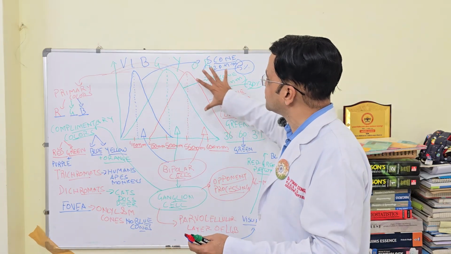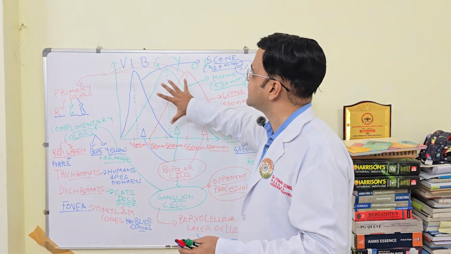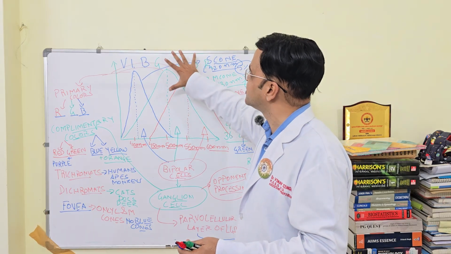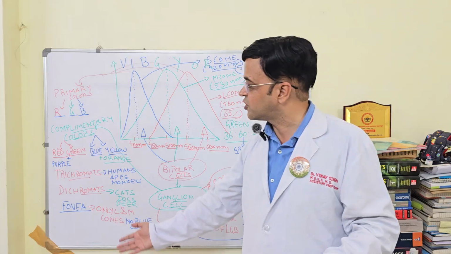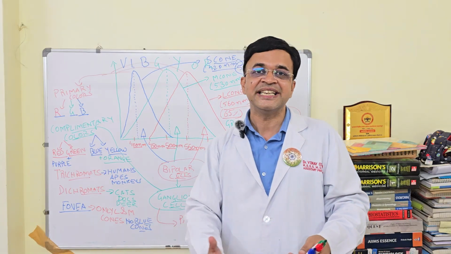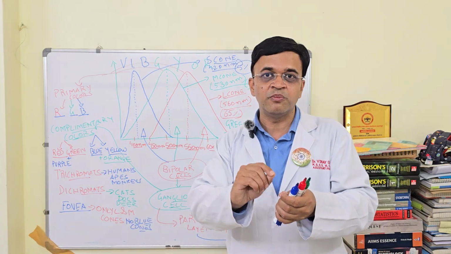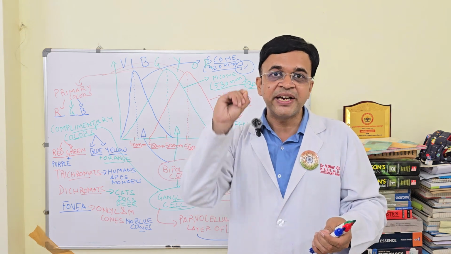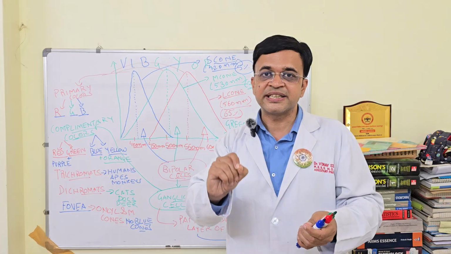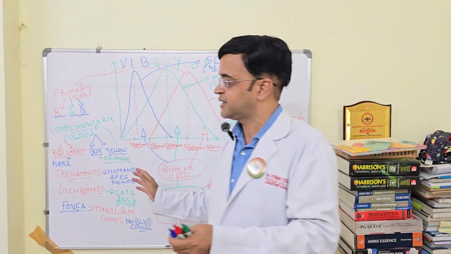They find it tough to see the wavelength on the higher side, so it's slightly tough for them to see yellow, orange and red color. The fovea has got only L and M cones. They have got no blue cones. That's why we find it tough to read small letters written in blue color.